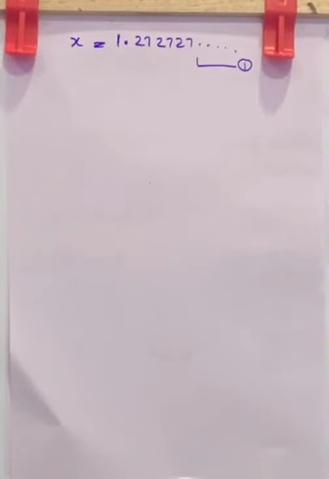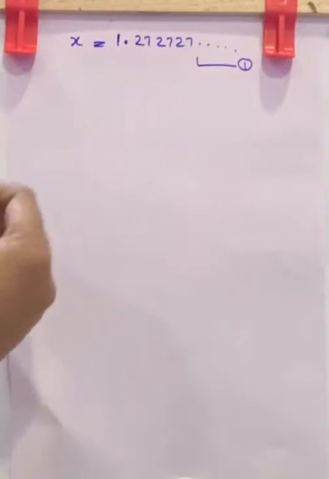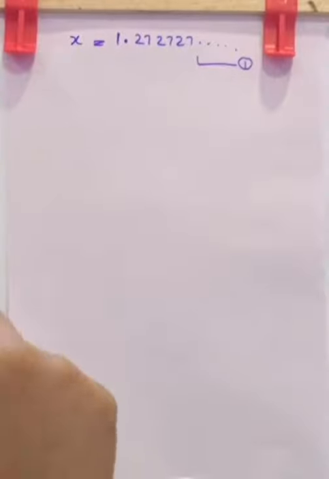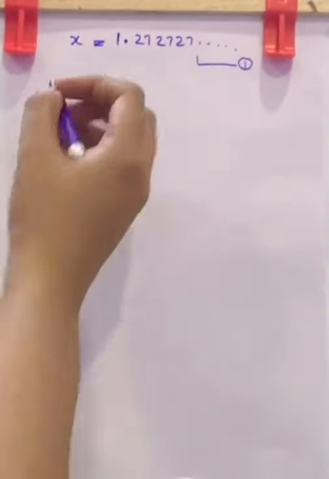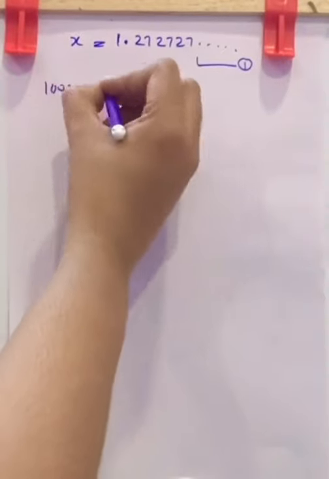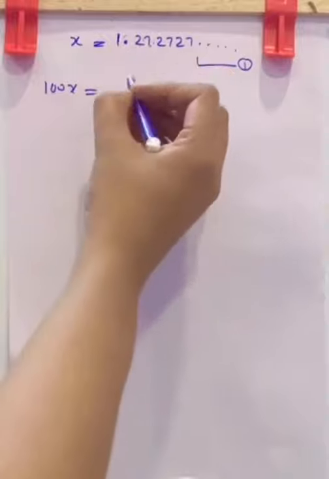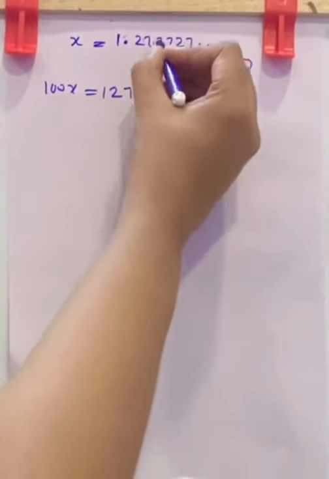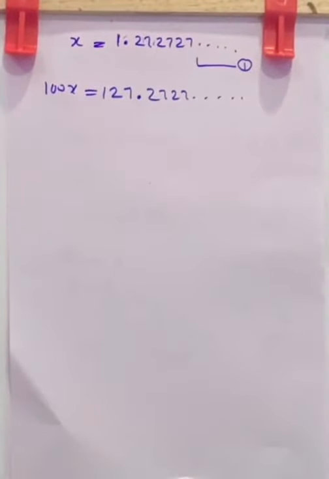Now check how many numbers are repeating. 2 numbers are repeating here. So what you have to multiply by is 1 and 2 zeros, that is 100. So 100x is equal to, the point jumps 2 places here, so it becomes 127.2727 etc. Let this be the second equation.